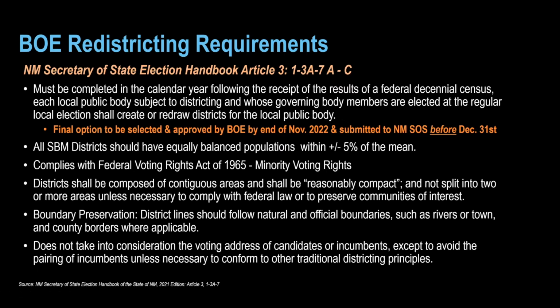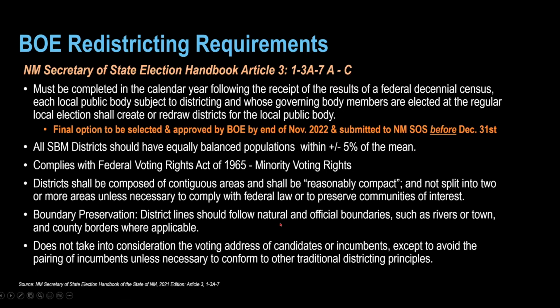All school board member districts should have equally balanced populations, plus or minus 5% of the mean. And we must be able to comply with the Federal Voting Rights Act. They must be comprised of contiguous areas and must be reasonably compact and not split into 2 or more areas.